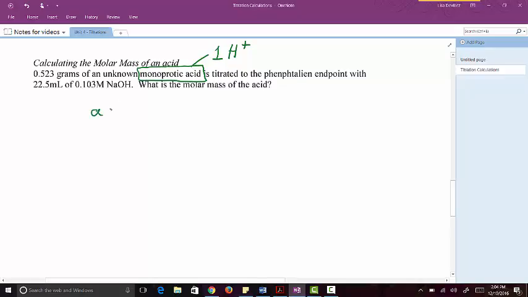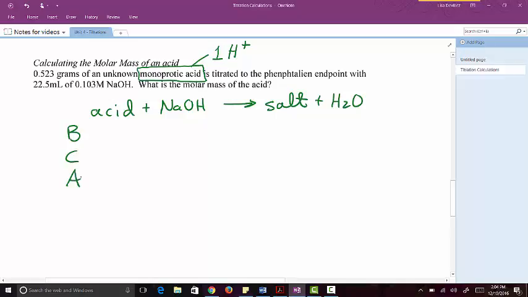And so that just means that when I write my reaction, and I'm just going to do this generic, the acid to the sodium hydroxide is going to be a one-to-one relationship. Right now we don't know the formula, so we'll just write it just like that.